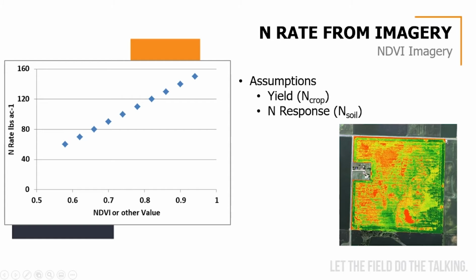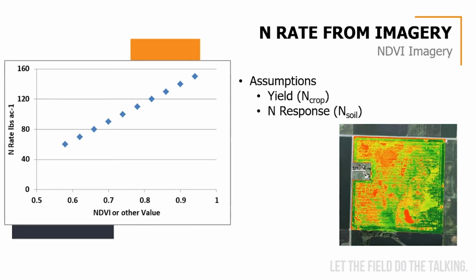Is this green area over here in this field due to a nitrogen response? Does that red area actually need nitrogen? Maybe that green area is a little bit more efficient, but there's nothing really out here to check it. Is this red area a pond or is that bare soil?